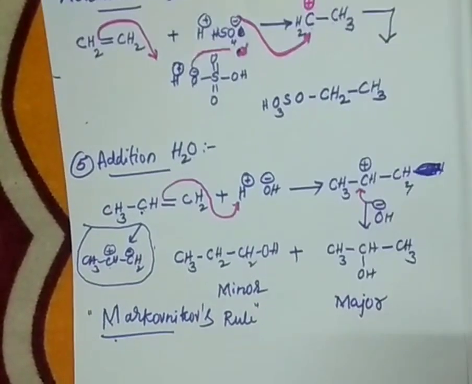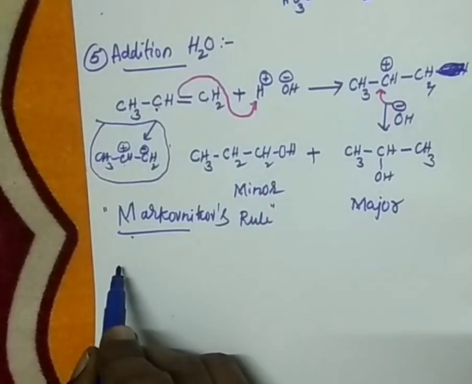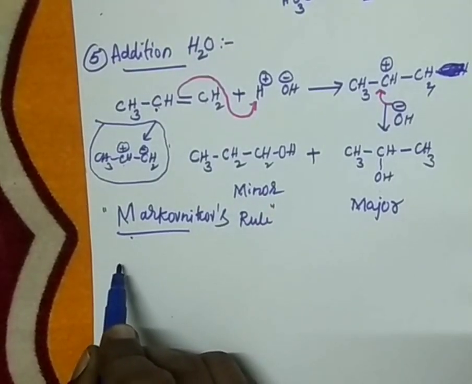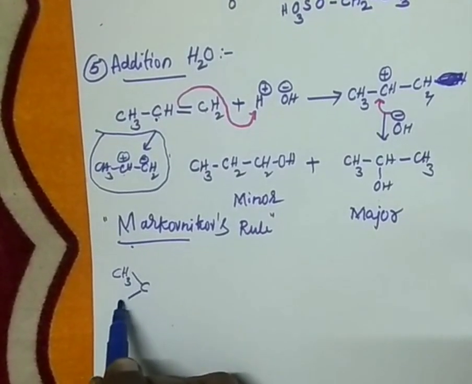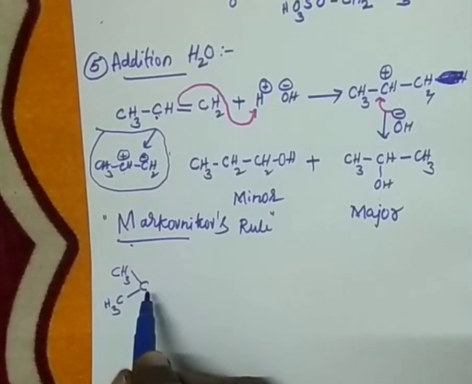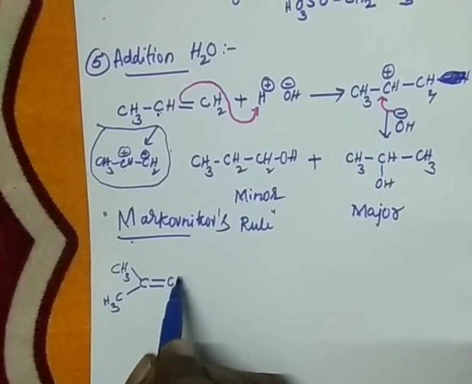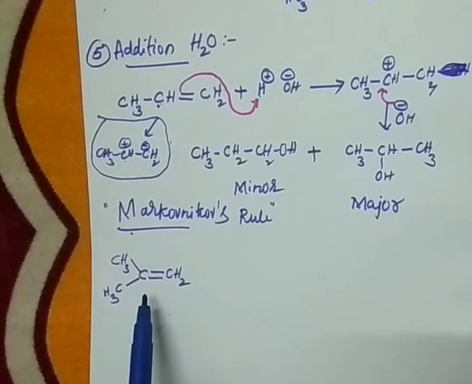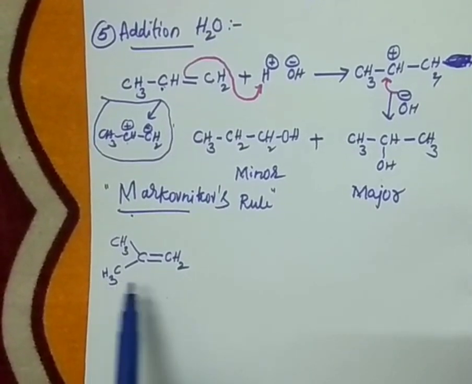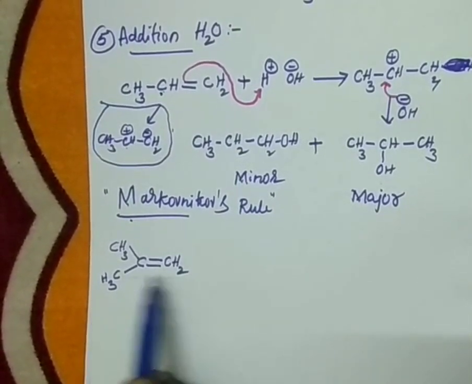For example, anything is given, you should not worry about it. See a big compound like CH3, CH3, double bond CH2. This is given. Actually, in exams, they don't even write this structure. They'll ask you about 2-methyl propene.